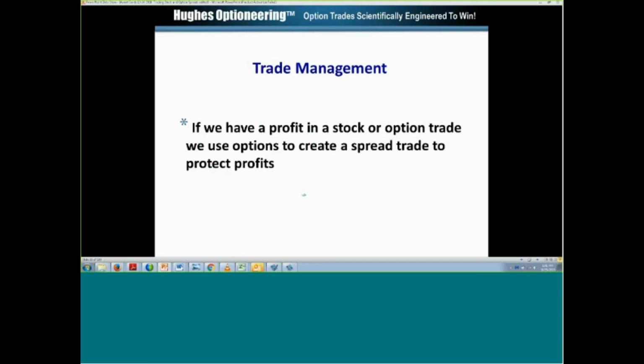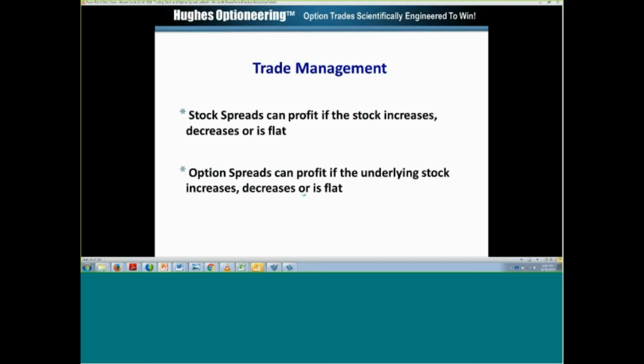And whenever we have a profit in a stock or an option trade, then we use options to create a spread trade to protect profits. There are 2 types of stock spreads. We'll show you examples of that in a minute. With stock spreads, you can profit if the stock increases, decreases, or remains flat.